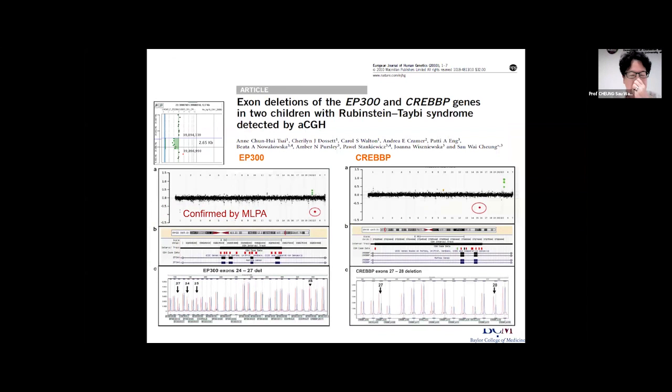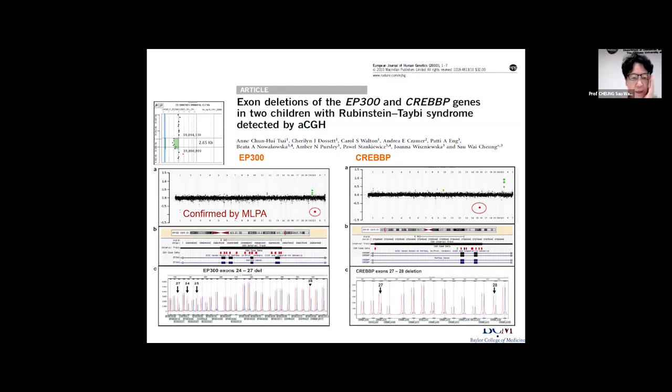Here is the article that we published, with 2 patients. We published 2 children with Rubinstein-Taybi syndrome detected by array CGH. The first patient has the CREBBP gene deletion, and you can see below the deletion, which I later confirmed is from exon 27 to 28.